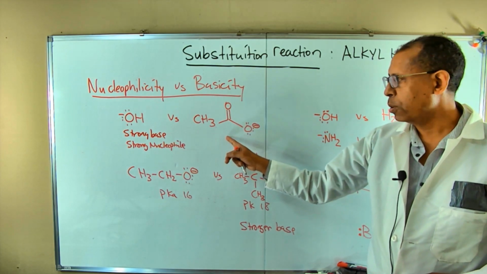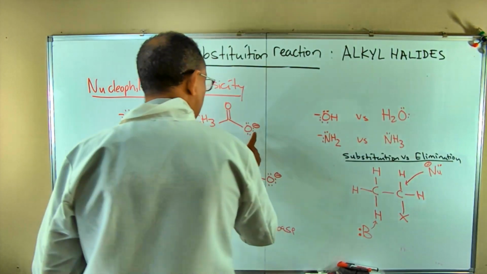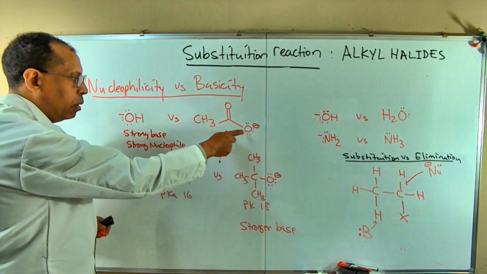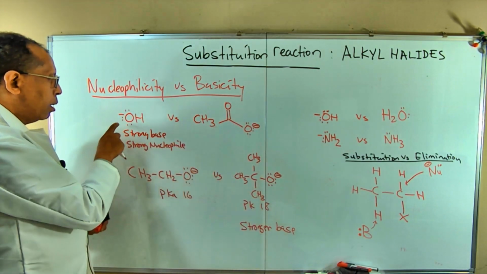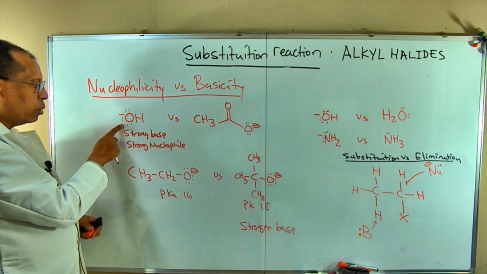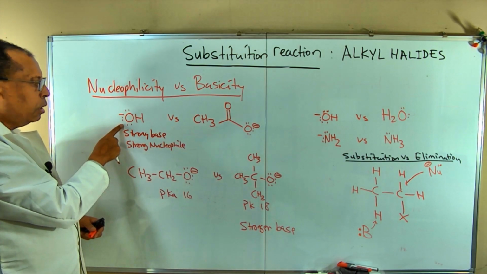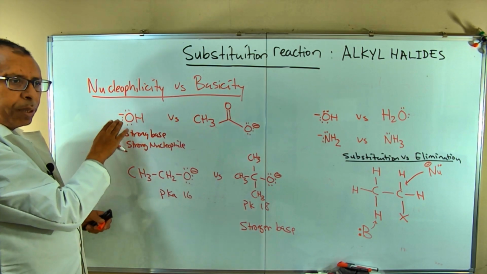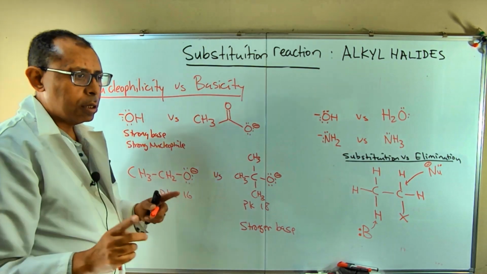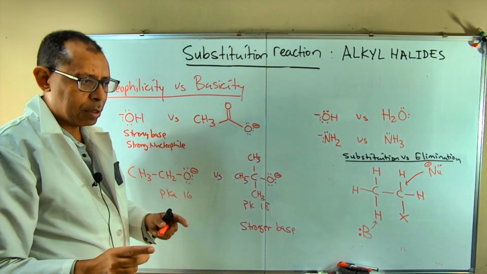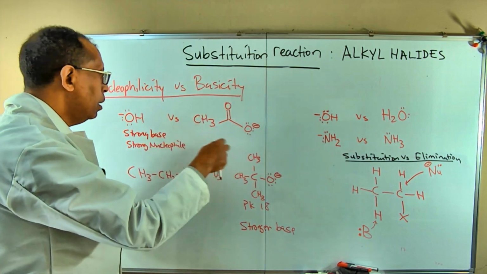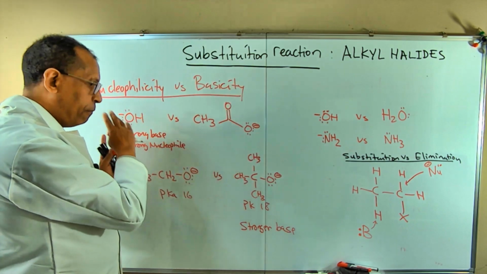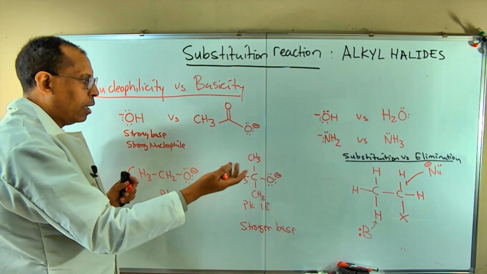Here, this lone pair of electrons on the oxygen are not as available as the ones on the hydroxide. The hydroxide anion has a pair of electrons that are not resonance stabilized, so they are available for electrophilic attack.